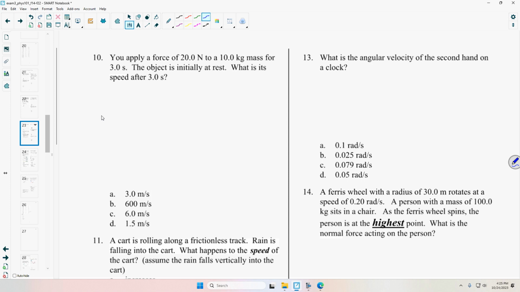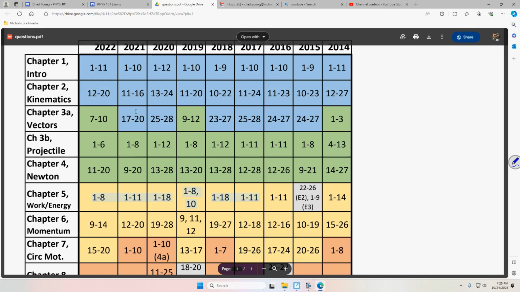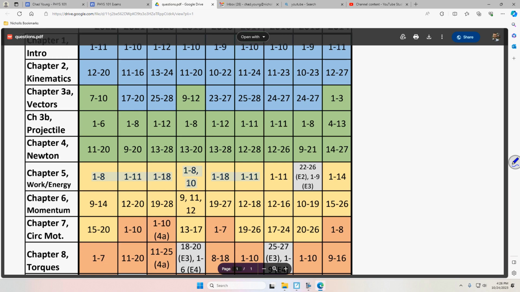Oh, you're not on your quiz. Really? Okay. Yeah, this is a momentum problem, not on your quiz tomorrow. You're right. So this is 2019, number 10. Oh yeah, why did I even put that there?